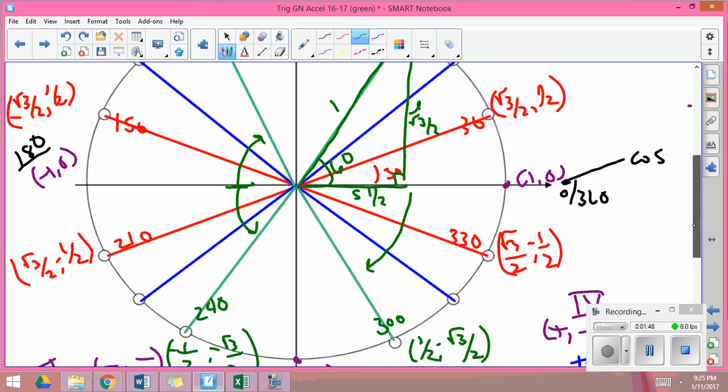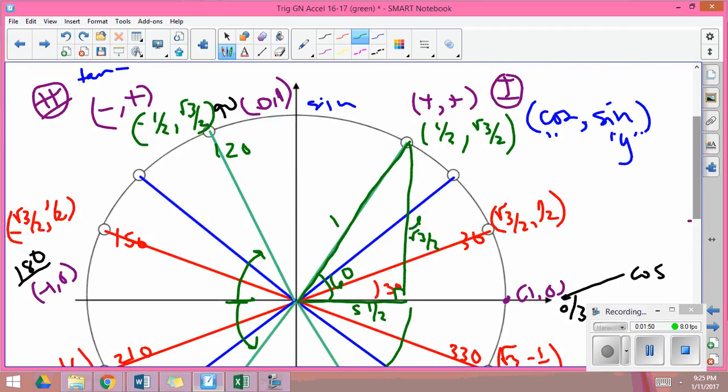Now the blue triangles represent 45 degrees, my 45-45-90s. And just for decoration, let's throw the red in there. So here, my hypotenuse is 1.